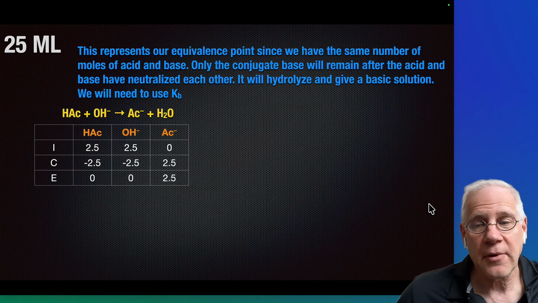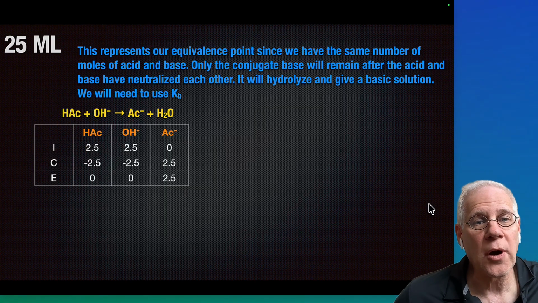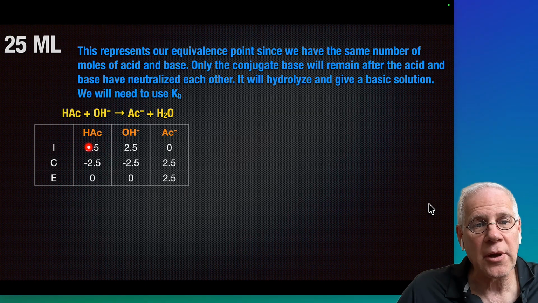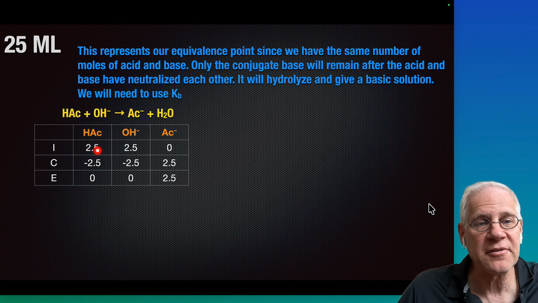Okay, so here, using an ICE box, we can find the concentration of our acetate ion. So first thing we'll do is figure out how many millimoles we have. Again, we take our milliliters times our molarity to get millimoles, and we get 2.50. So we have 2.50 millimoles of acetic acid.